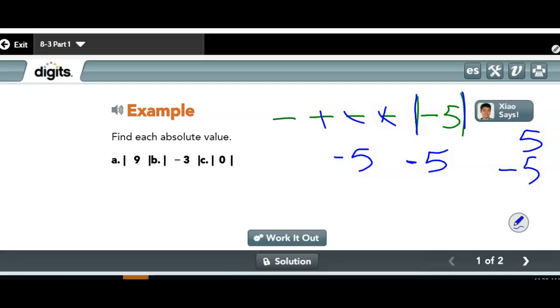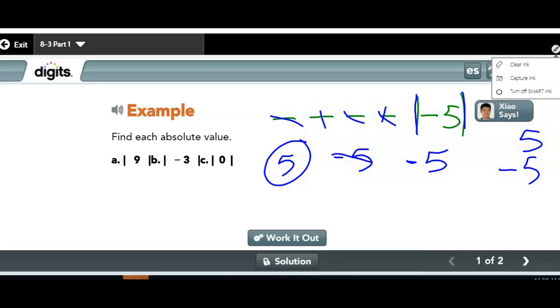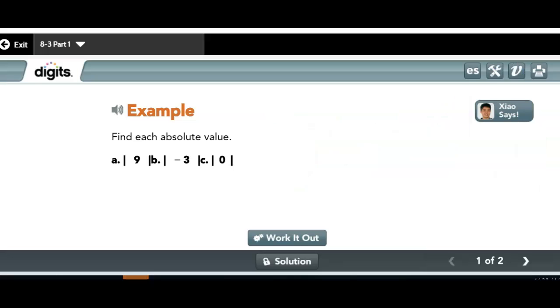What is the opposite of negative 5? The answer is 5. Do not expect a question like this on your test or your homework or anything like that. It's kind of fun. Okay. Question? Do you think you can handle absolute value? It's the distance from 0. How far is the number away from 0?